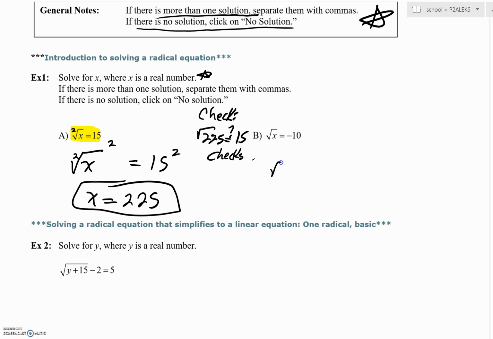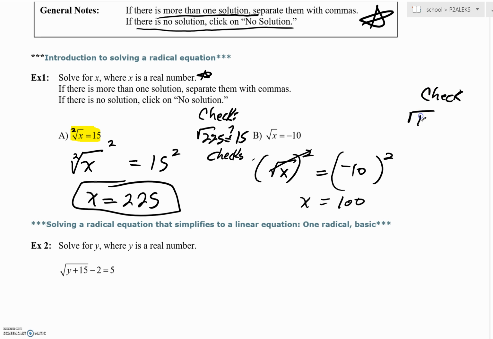But now look, even if you missed that, what you'd have to do is square both sides. When you're squaring the right side, it's negative 10 times itself. That would get you 100. And you would think, squaring a square root makes the square root go away. You'd say, oh, x equals 100. But let's do a check.